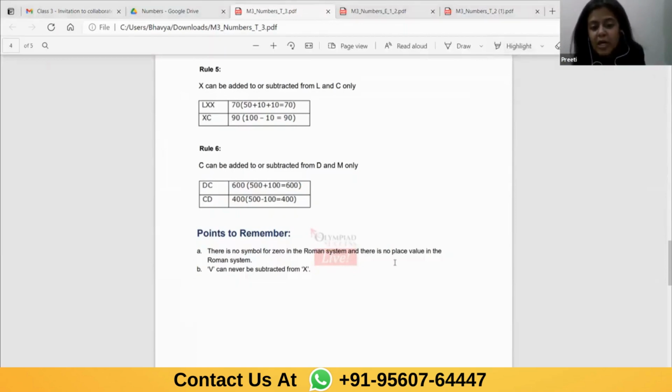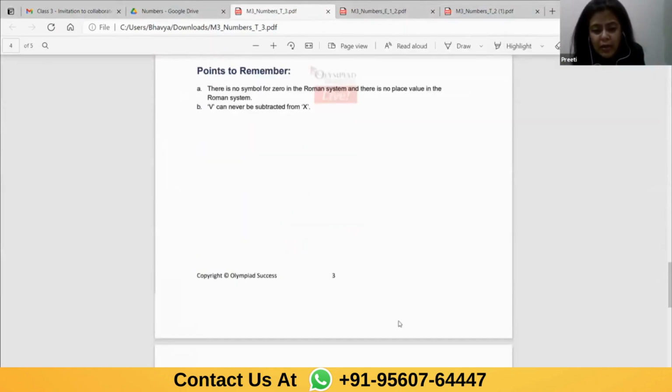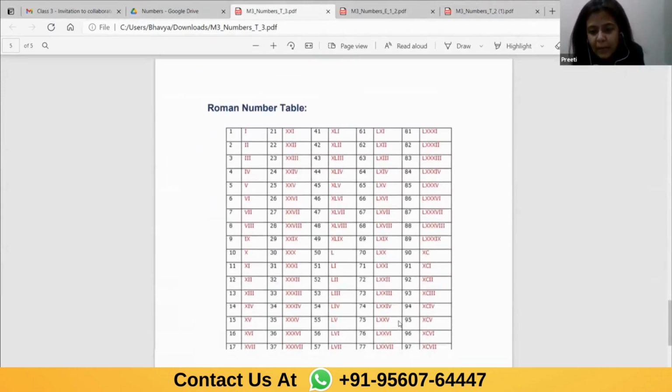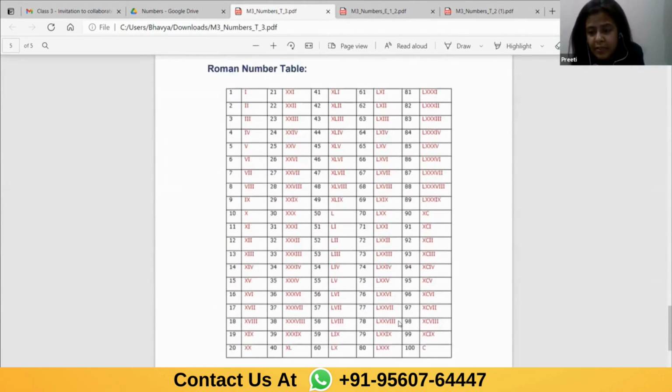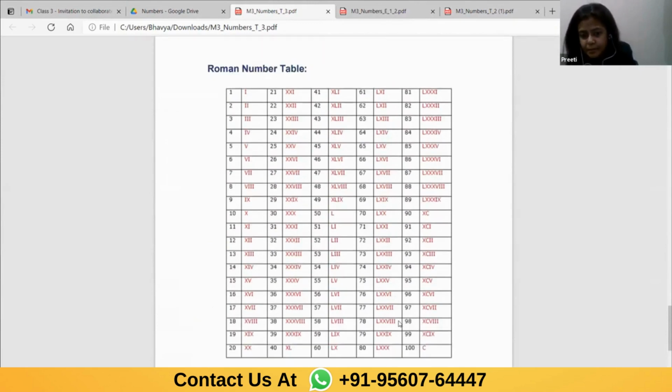Okay. Let's look at the Roman number table from 1 to 100. Shall we begin? Yes, ma'am. For 1 we use I. For 2 we use double I. For 3 we use triple I. Then for 4 we use IV, which means 5 minus 1.